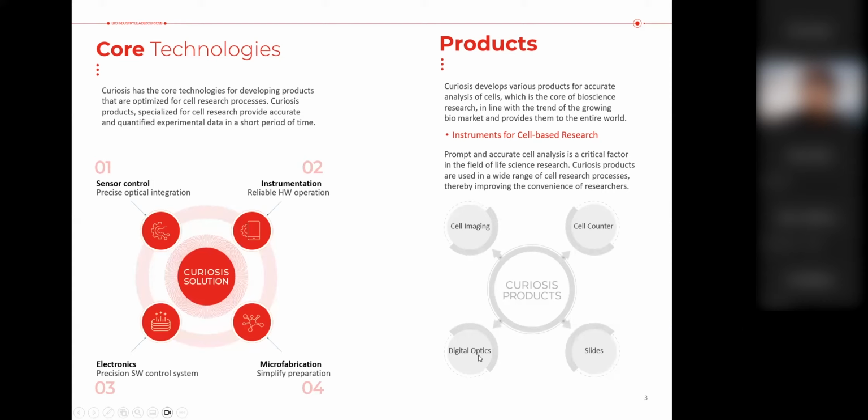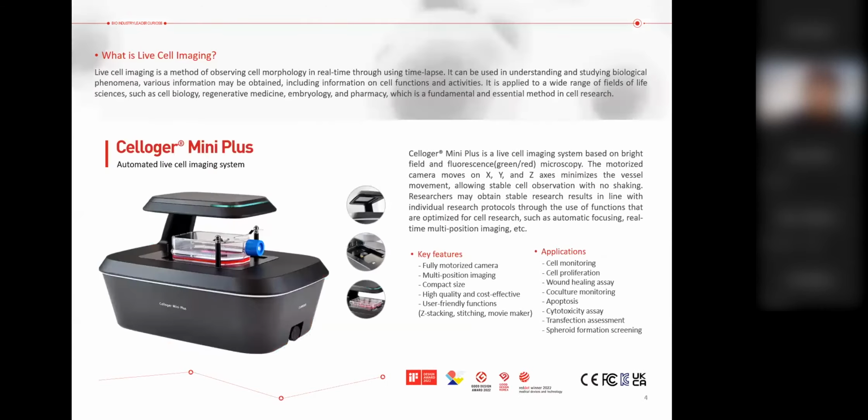We also have our digital optics, but this is more profound in our separate division for digital optics. Every optic and optimization of all of our objective lens technology and boards are made within Curiosis.